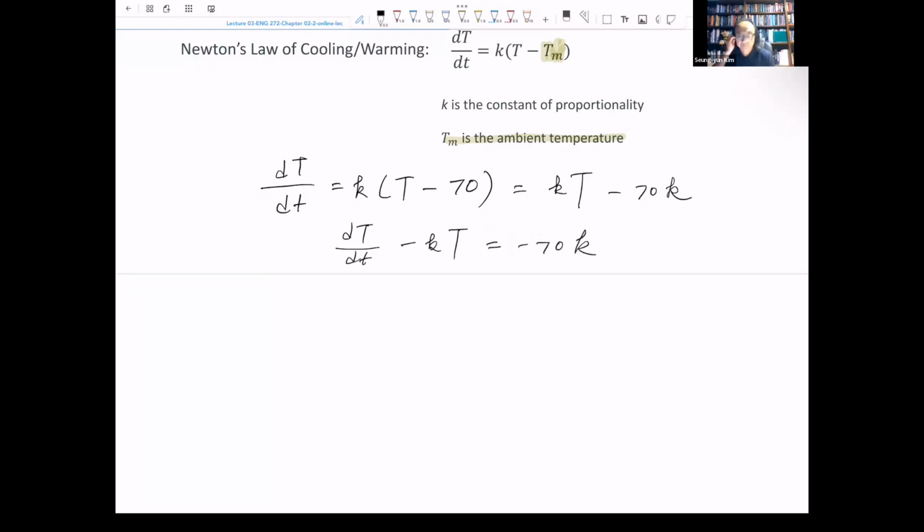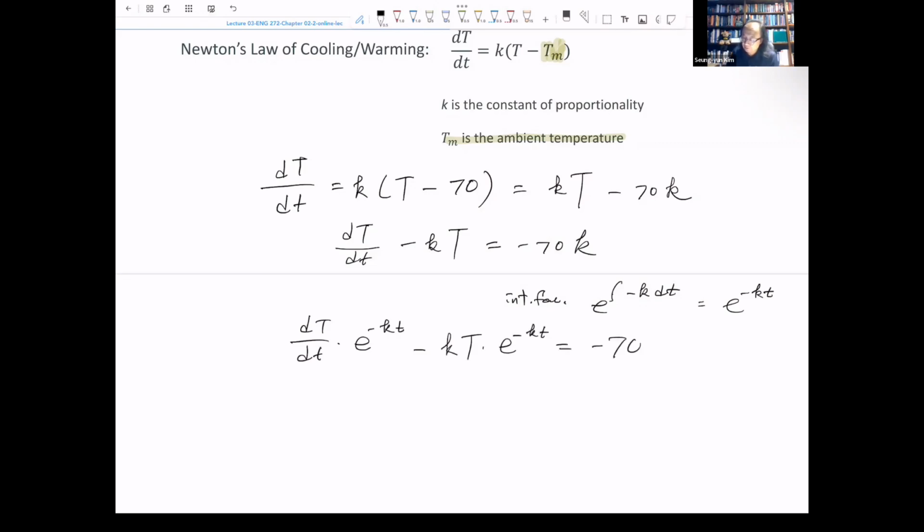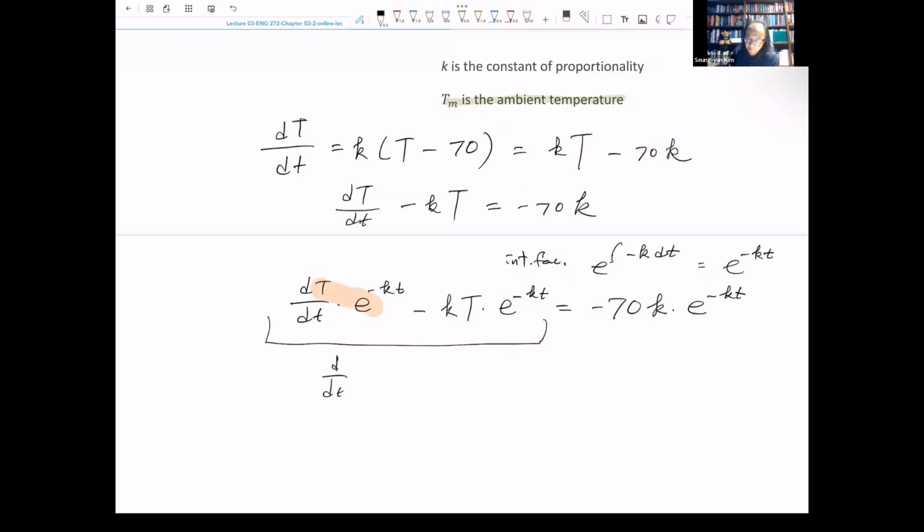It's a linear equation, right? So the integrating factor is going to be e to the integral of negative k dt. So that is e to the negative kt. Now we're going to multiply this integrating factor to every single term. dT over dt times e to the negative kt, minus kT times e to the negative kt, equals negative 70k times e to the negative kt. And then the left-hand side is d over dt of T times e to the negative kt.